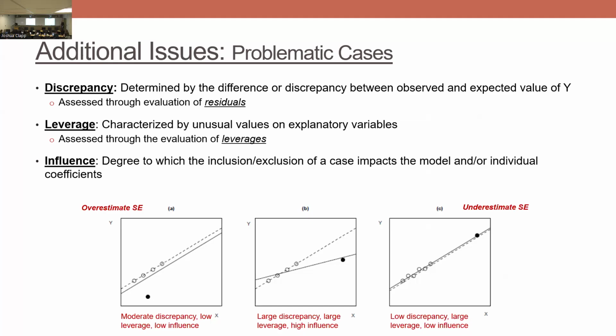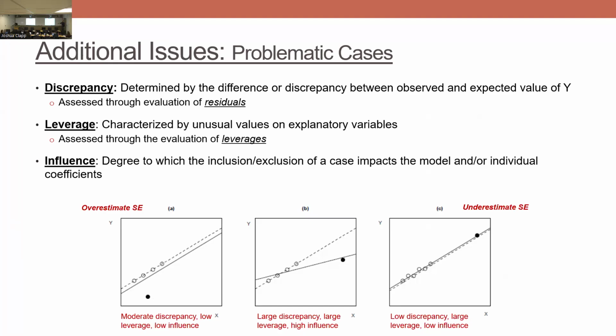What we're seeing here is someone who has a high or moderate discrepancy value, right? So here's everybody else. Everybody else is a perfect straight line. But then we've got this observation hanging out right here. If I look at where this person lands in Y space, it's a decent sized discrepancy, right?